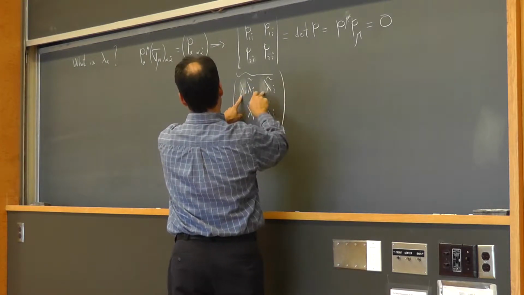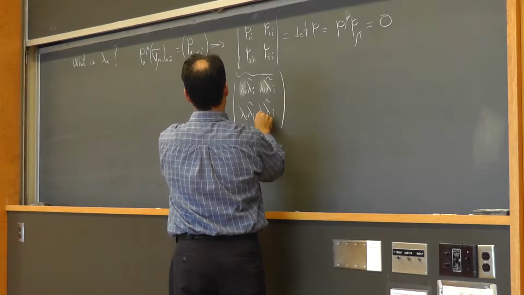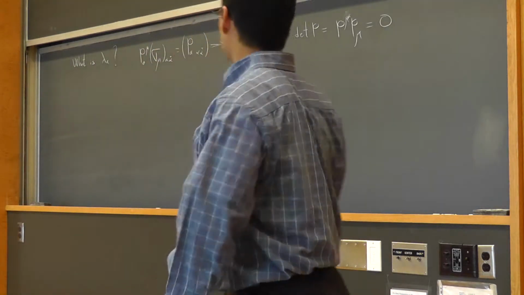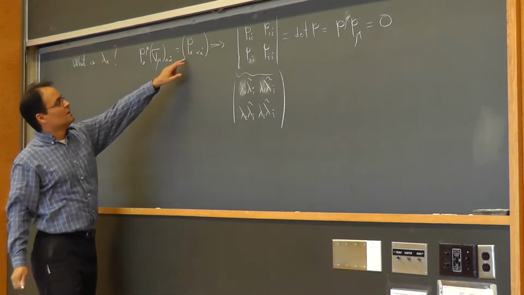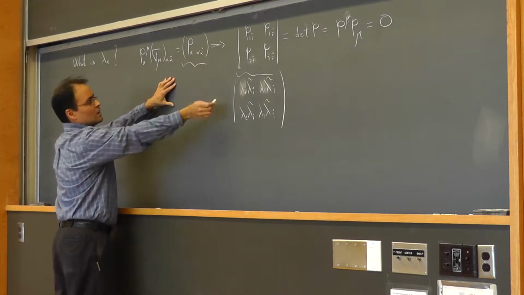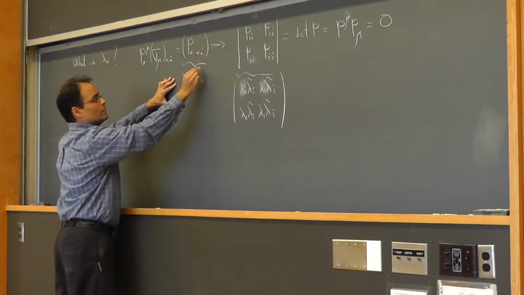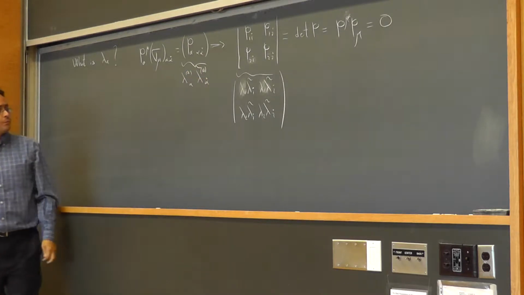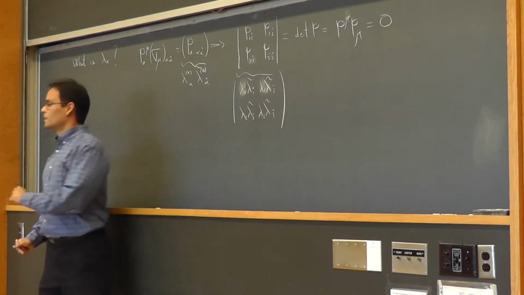And the constant of proportionality here I'm going to call lambda 1, and the constant of proportionality here I'm going to call lambda 2. So this is the most general 2 by 2 matrix that has rank 1. Now that means that any massless vector defines a 2 by 2 matrix that can be written as follows. Where these indices are these indices that I've written.